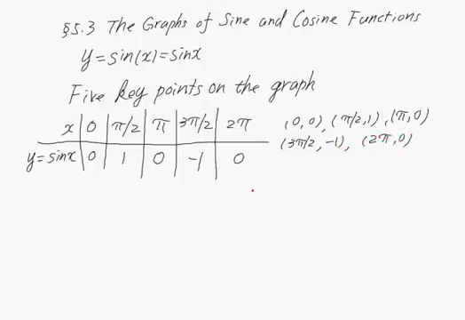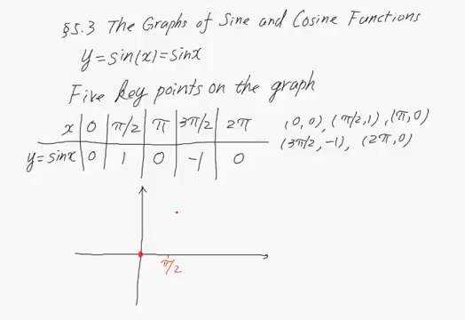First we draw these 5 points on the rectangular plane. 0, 0 here, and this is half pi.